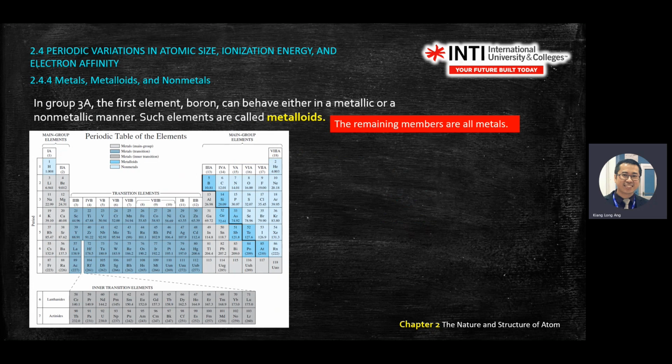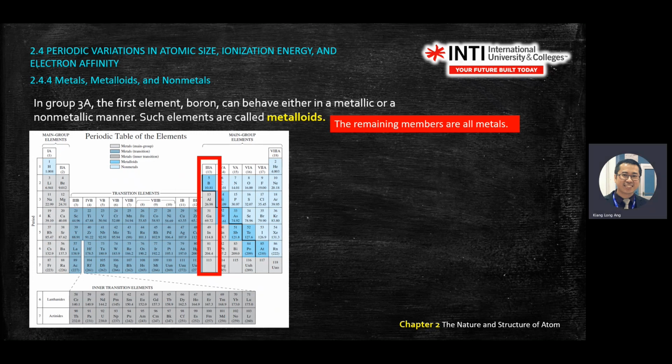Then there's one technical term. Sometimes we just give you a general metal plus something. What does it become? Metalloids, group 3A in the periodic table, can be in either a metallic or non-metallic manner.